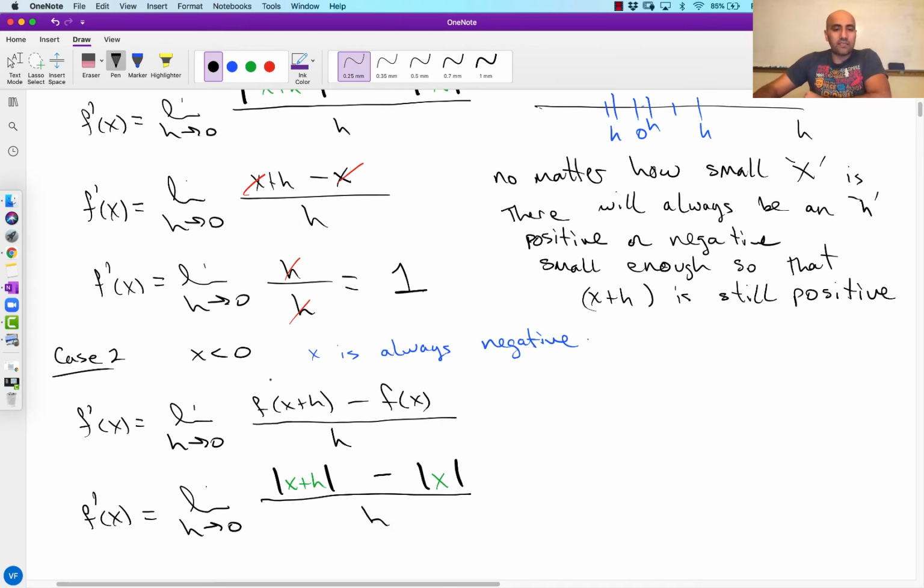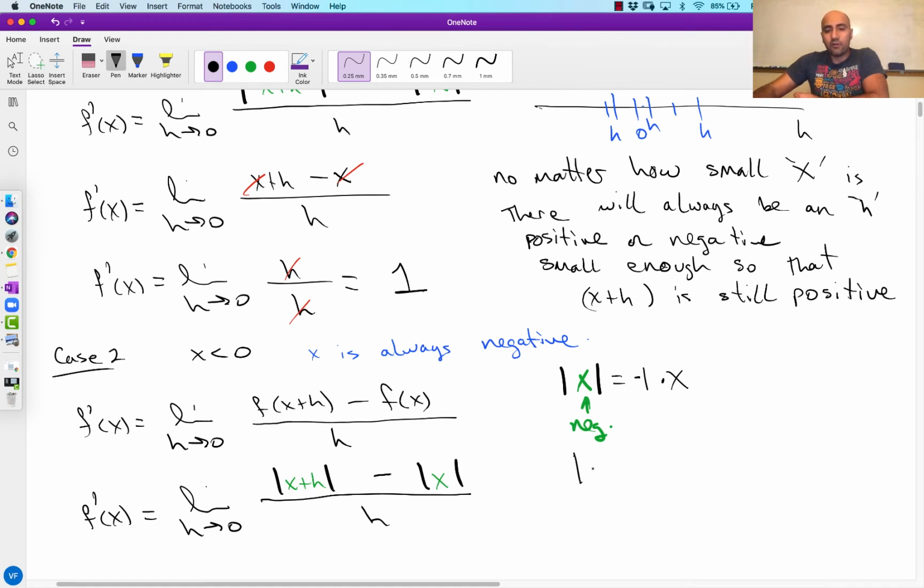Okay, so now in this case, case 2, we're only considering the cases where x is definitely a negative number. So note that when we know that x is definitely a negative number, then if we have the absolute value of x, and we know the absolute value makes everything positive, then this is going to be equal to x times, and we have to introduce a new term of negative 1 because we know x is negative.